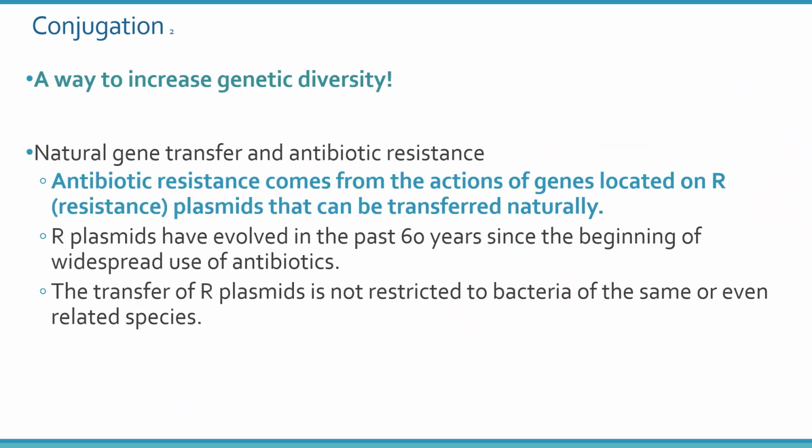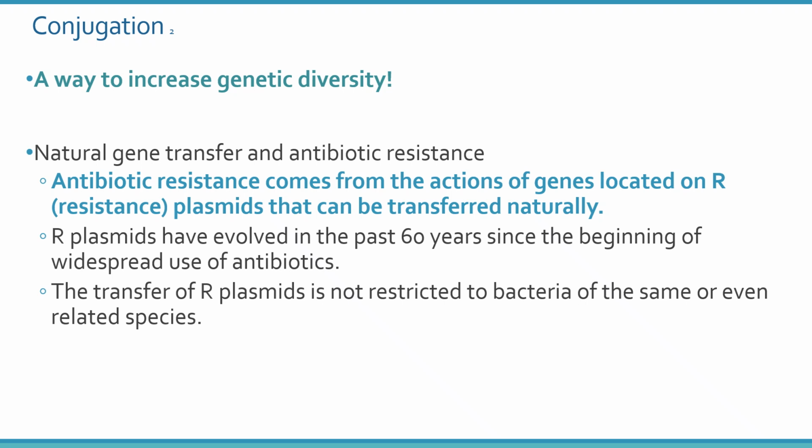So the advantage of this is that it is one of the ways that bacteria can increase their genetic diversity. Again, they're reproducing asexually, and so if we don't have a way to introduce new genetic information, then they're not going to have it.